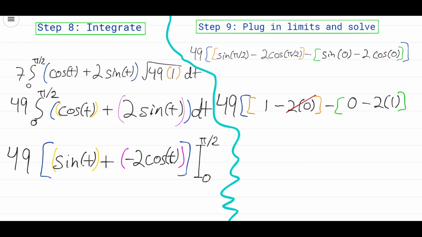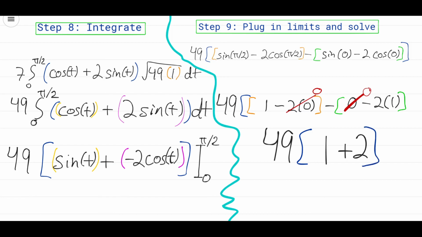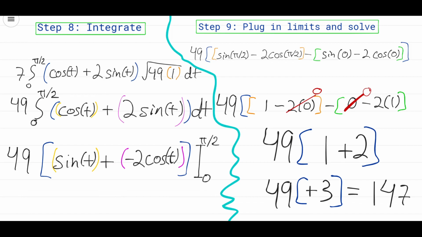So now we're going to cancel out the terms that are 0, and what we're left with is 49 times 1 plus 2, because a negative sign right here and a negative sign right here becomes a positive sign. And we know that 49 times 3 is equal to 147. So that's our line integral.